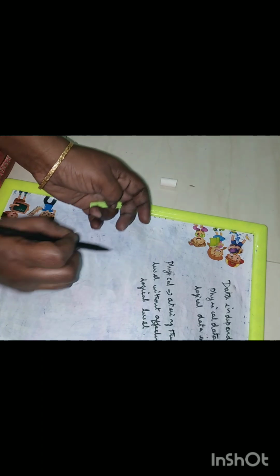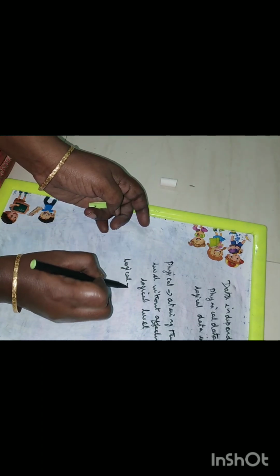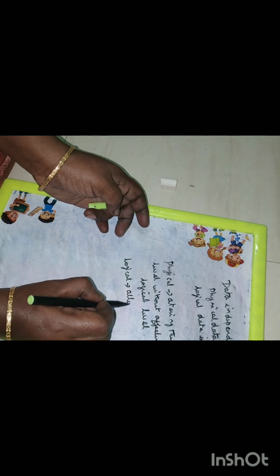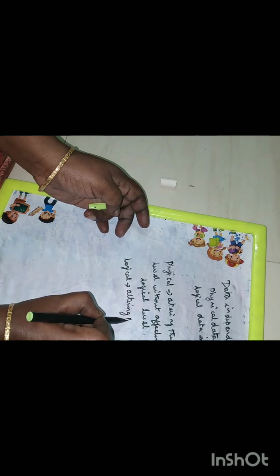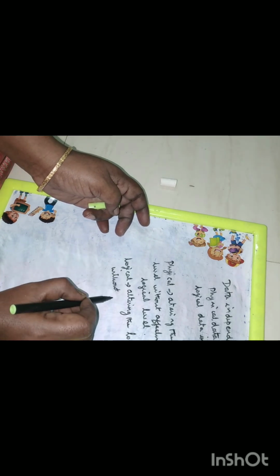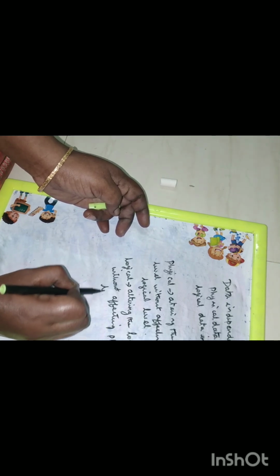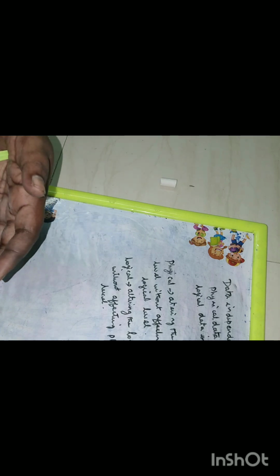Logical data independence means altering the logical level without affecting the physical level. That is physical and logical data independence. That's all about data independence.